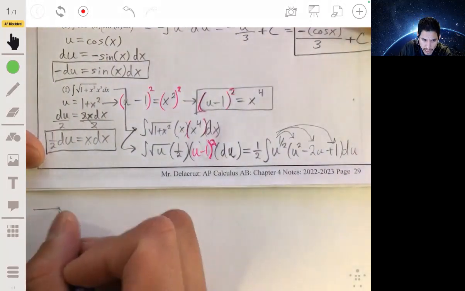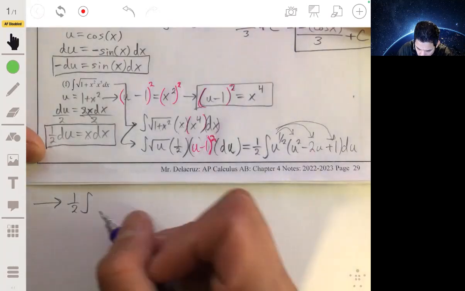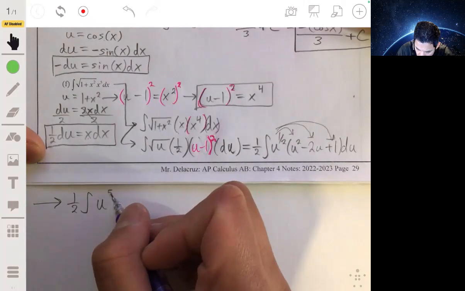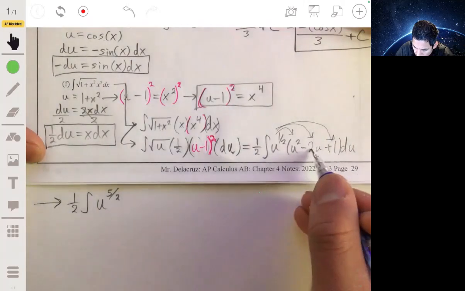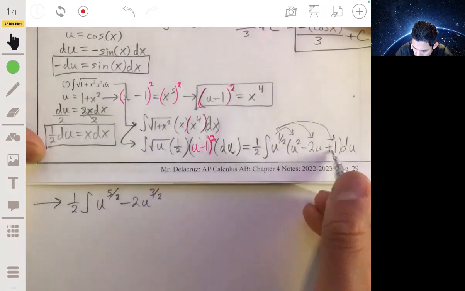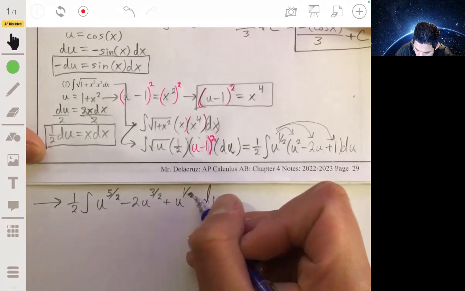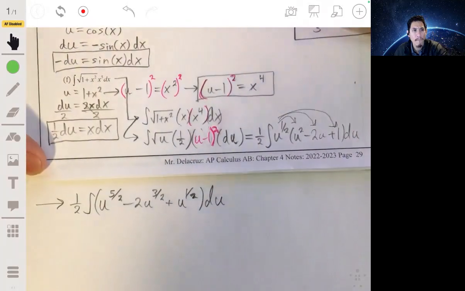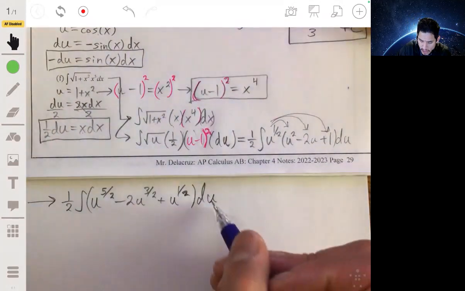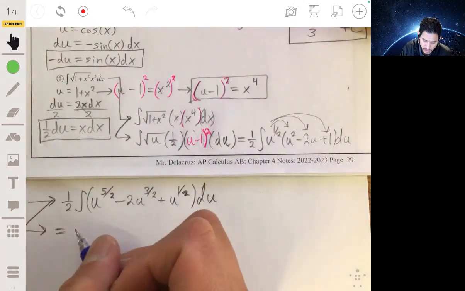So then what we get next is 1/2 times the integral of u to the 2 times 1/2, so u to the 5/2, adding the exponents, minus 2u to the 3/2, plus u to the 1/2 du. And then from here, this is actually an easy integral because we can just use the reverse power rule.